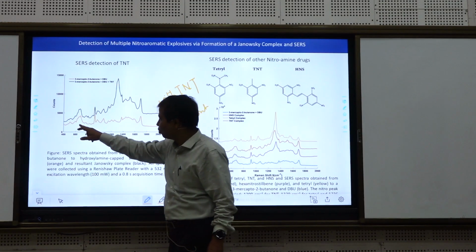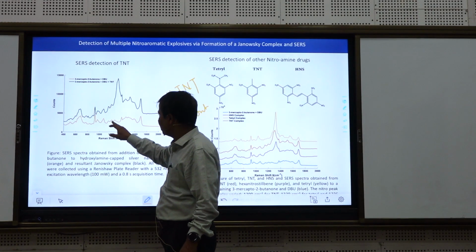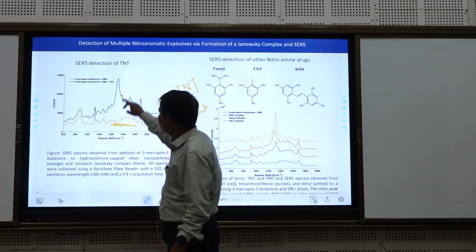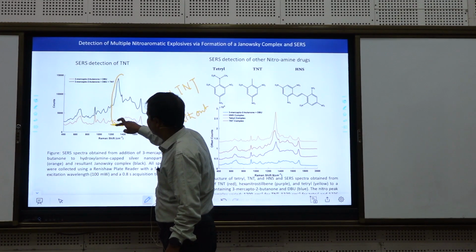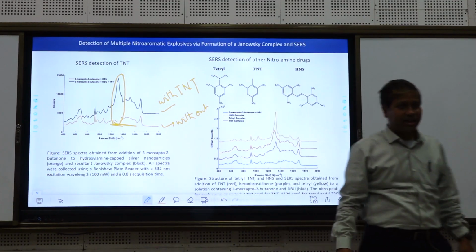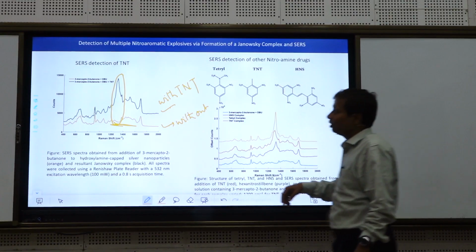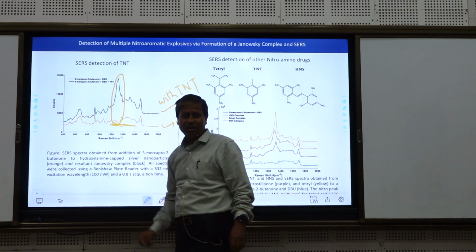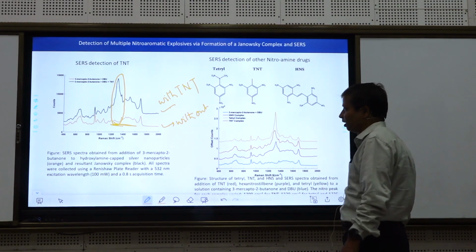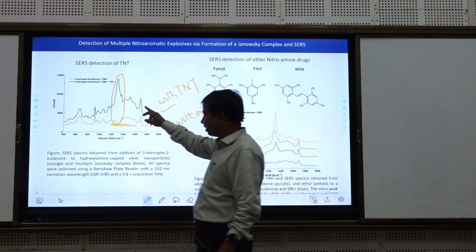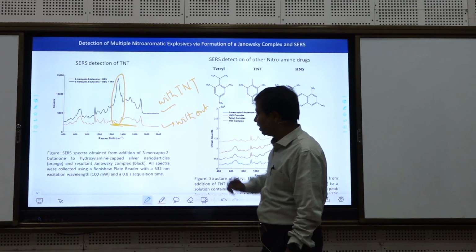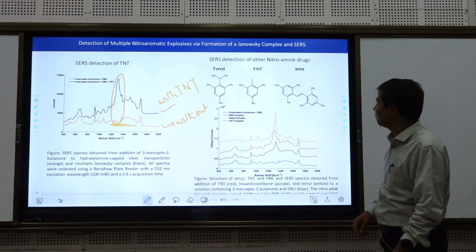This area is more or less the same, but this area is clearly distinct. This peak clearly says that you have TNT as a material. So this is one example of detecting TNT with very high accuracy.